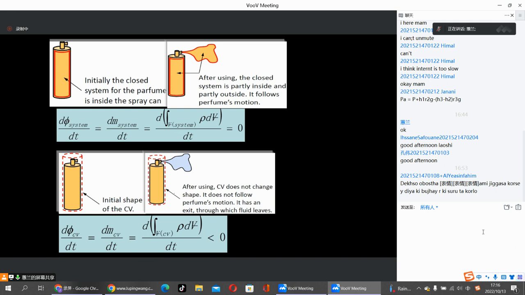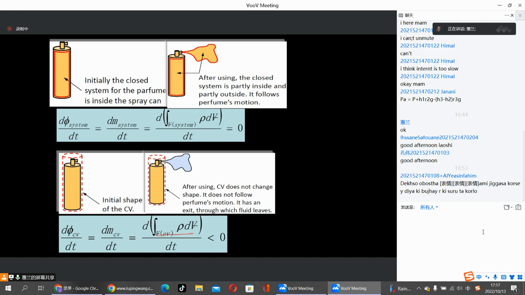However, for the control volume, at the initial moment you have the whole tank of perfume, but after using, you have less perfume inside the CV. So the mass inside the CV decreases, and the rate of change of the mass will be smaller than zero, or negative.